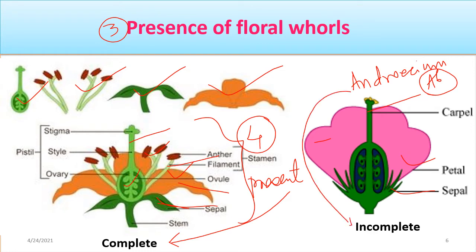So if any one of the floral whorls is absent, that flower is called incomplete. There may be absence of sepal, absence of petal, or absence of carpel. If only stamen is there, that is called a staminate flower. Here only carpel is present, so that is called a pistillate flower. So incomplete flowers are like this.